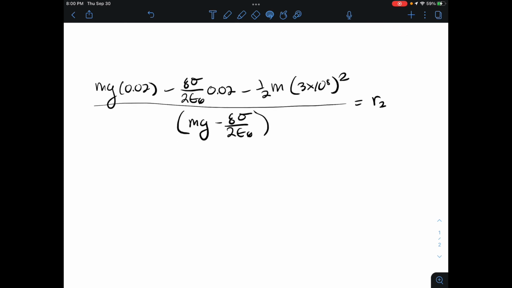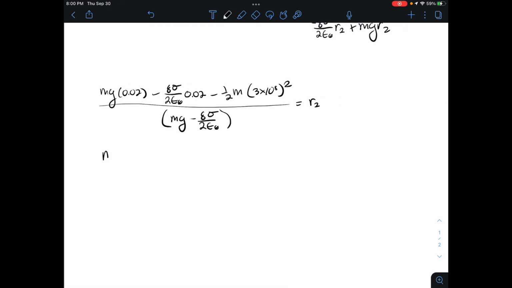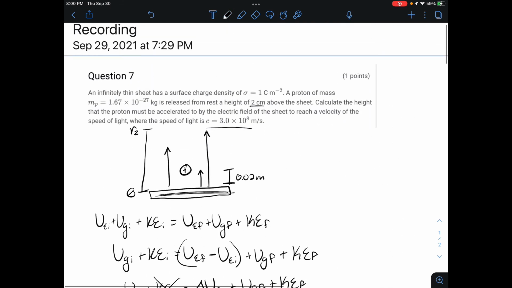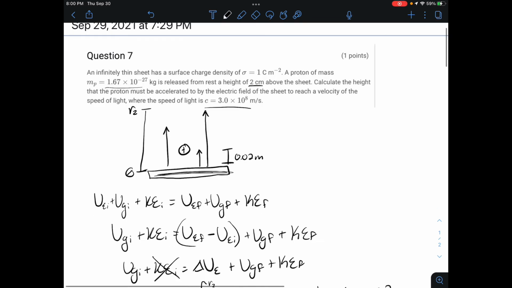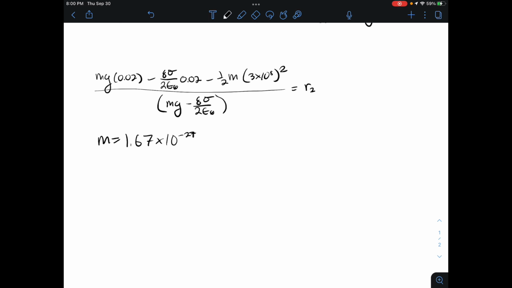And if we plug in, we only have constants left, because we have the mass. The mass was given in the problem to be 1.67 times 10 to the negative 27, and that's in kilograms, which is very important because, again, we're keeping everything in consistent units.